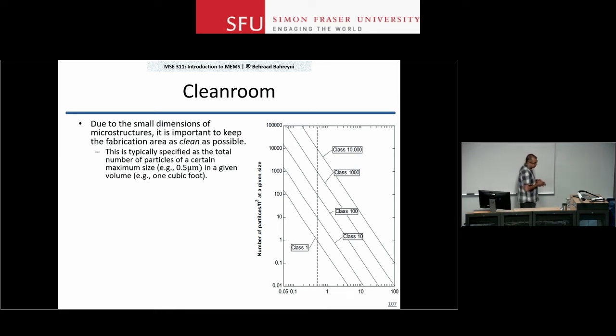Now, if you make your MEMS device or MEMS wafer or microelectronic wafer in an environment like this, it's inevitable that some of these particles will land on your wafer. And then if that happens, that's usually the end of the story for your device that is just underneath the particle, for several reasons.